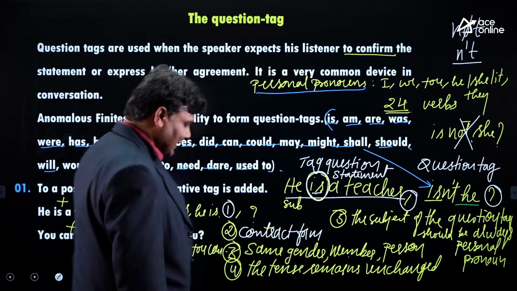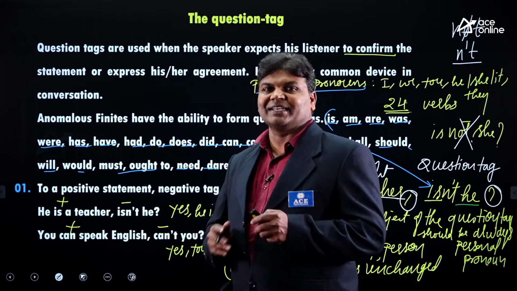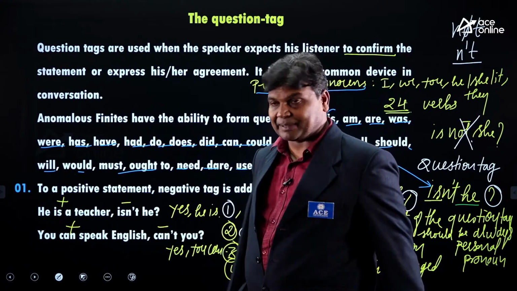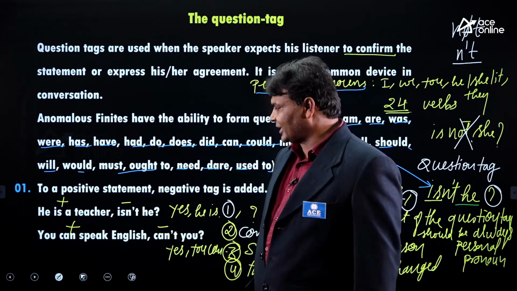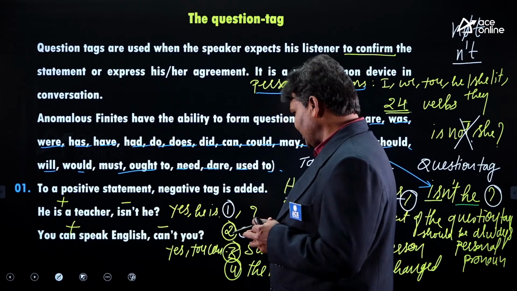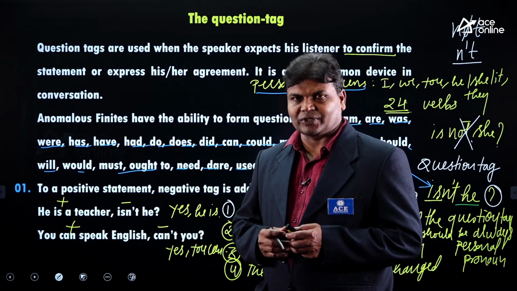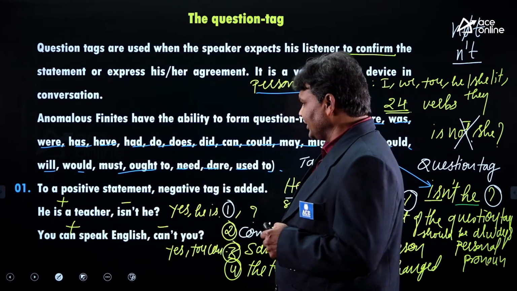So the same thing has to be repeated, students. Be careful, sometimes they seek what we call the answer. He is a teacher, isn't he? Yes, he is. You can speak English, can't you? Yes, you can. That is how we develop the question tags.